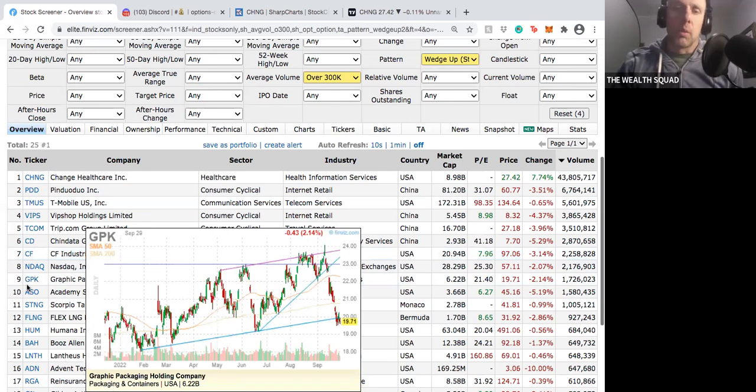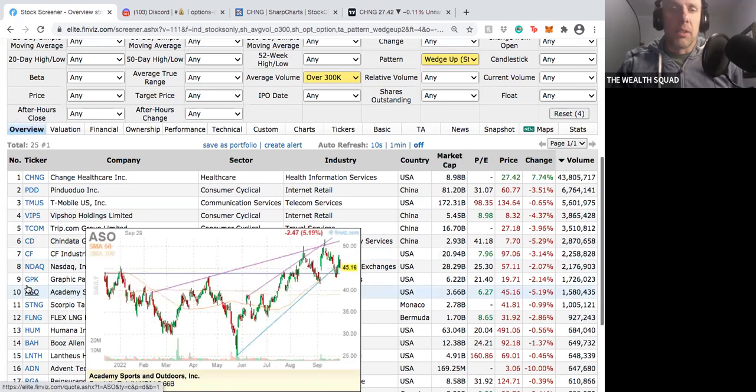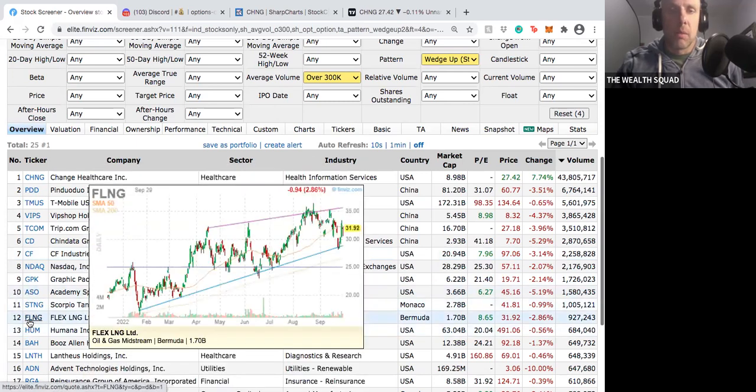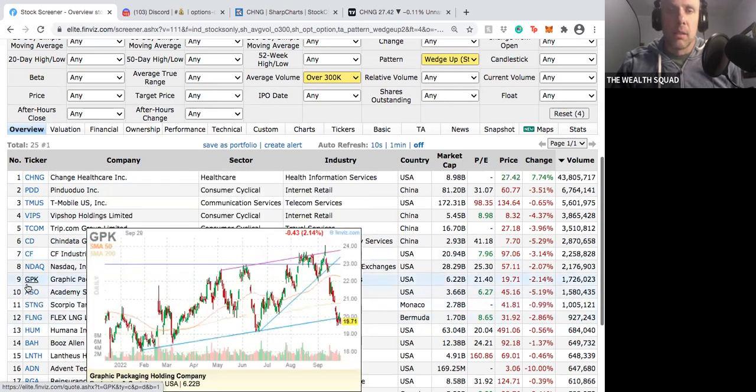So this was that ascending wedge, right? Broke to the downside. You see that it really took that, yeah, what one was that? Yeah, GPK. I mean, that was a really, really hard fall right there around the $22, $23 range for that September timeframe, right? So you can see the examples of where those breakouts are.